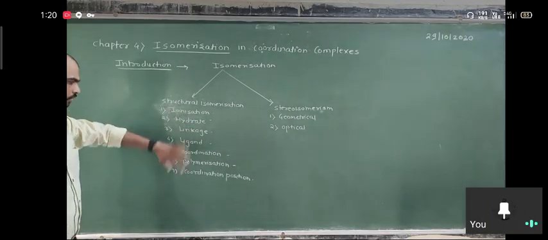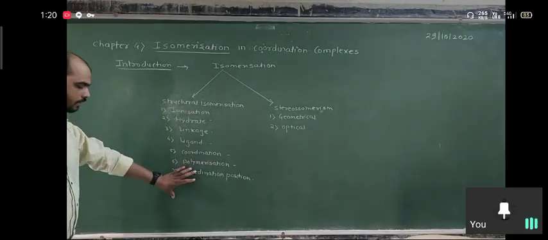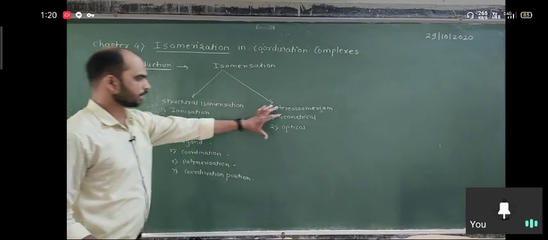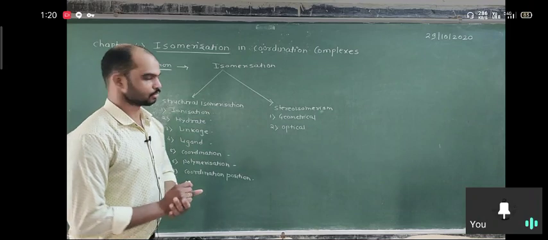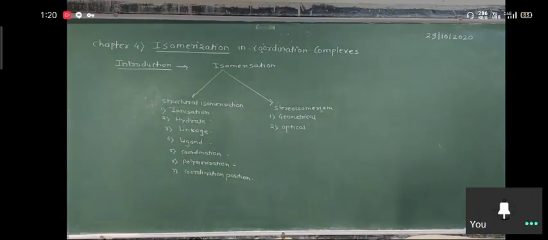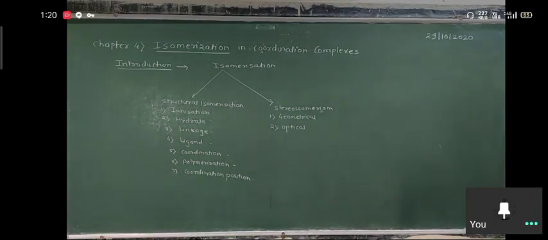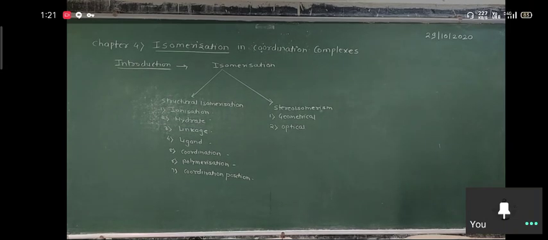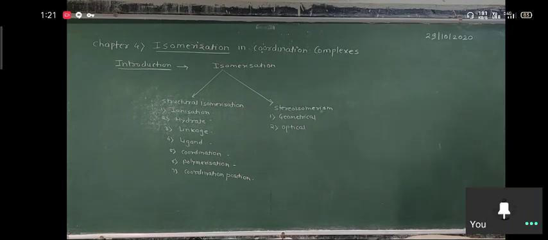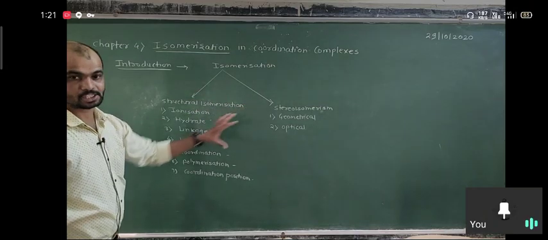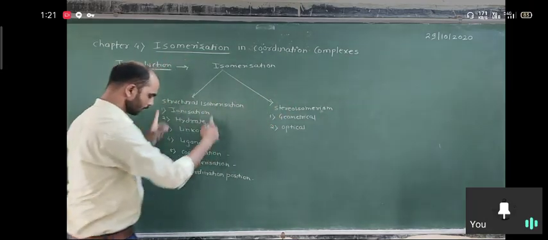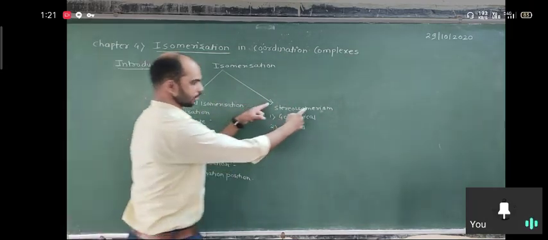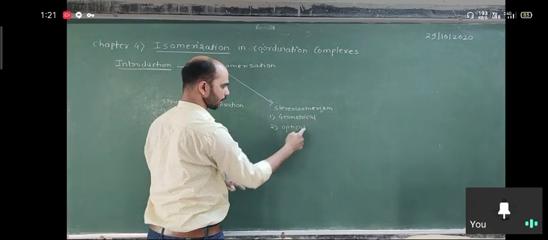The sequence is different in the notes, but these are the types of structural isomers. And there are two types of stereoisomers: geometrical and optical isomers. So this is the classification of isomerism: basically two types, structural and stereo. Structural has seven types and stereoisomers has another two types, geometrical and optical.